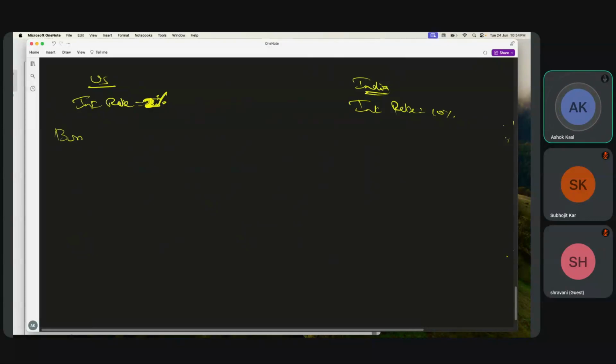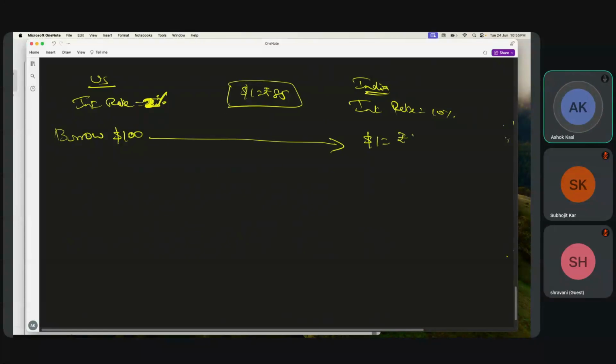You borrow $100. Let's say $1 is equal to 85 rupees currently. When you bring that to India, $100 becomes 8,500 rupees.